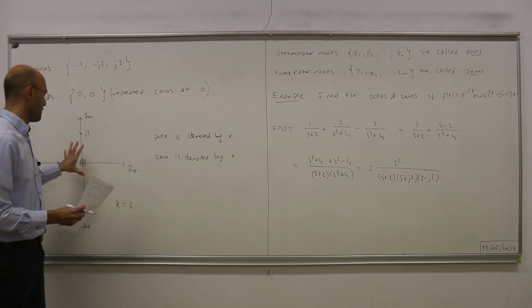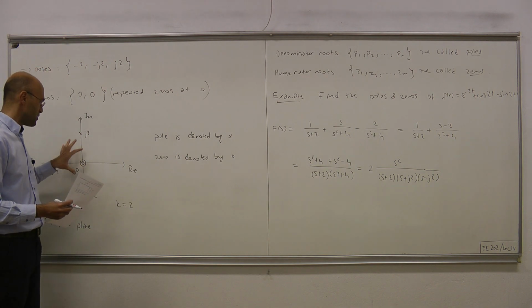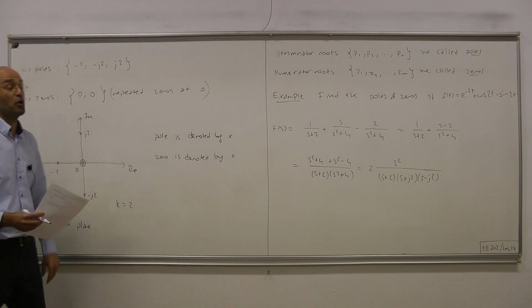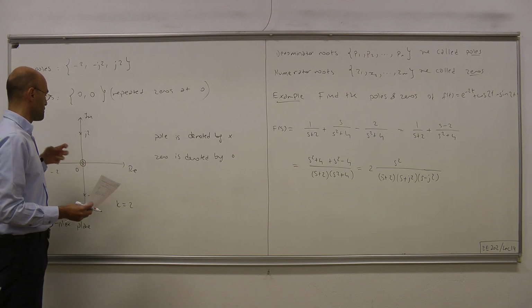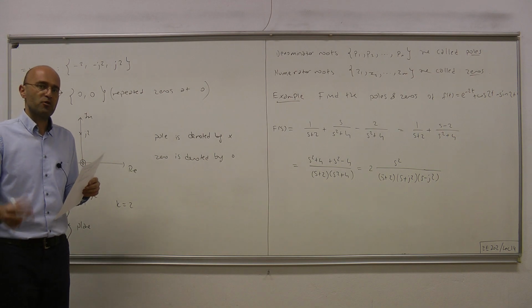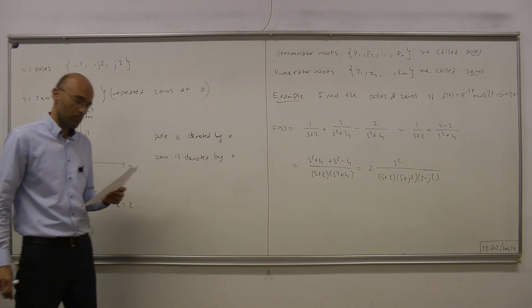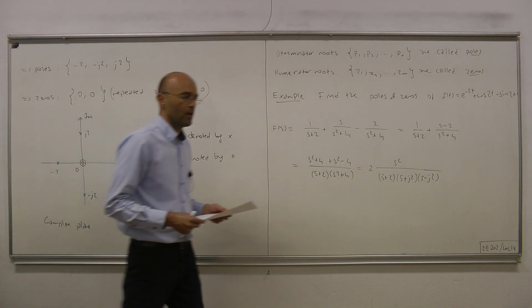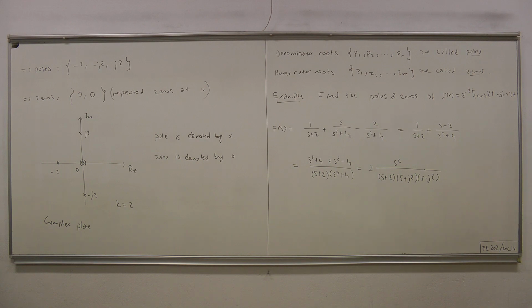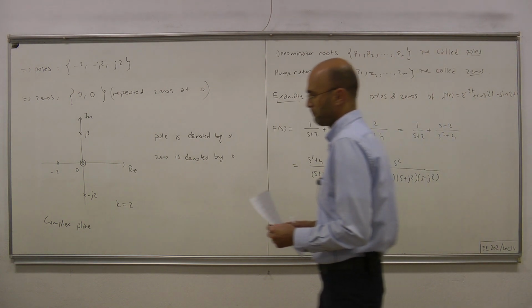So it's another representation, and sometimes this representation, because it's more visual, is more beneficial for certain types of analysis related to signal processing. So having defined the pole zero diagram, now we can move on to the inverse Laplace transform.